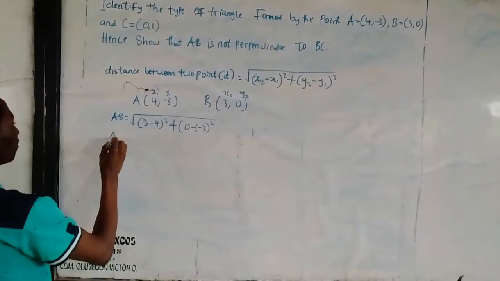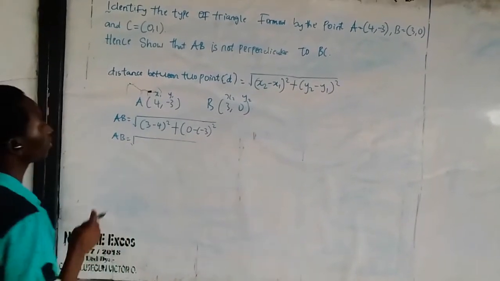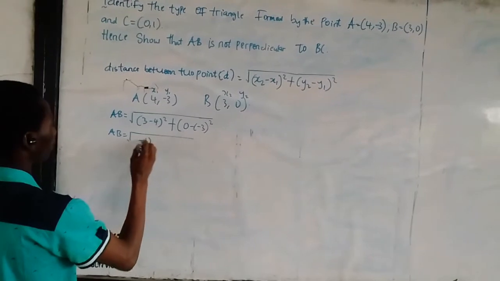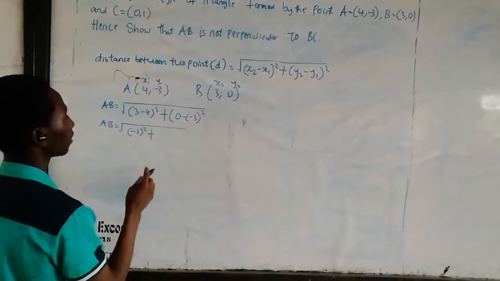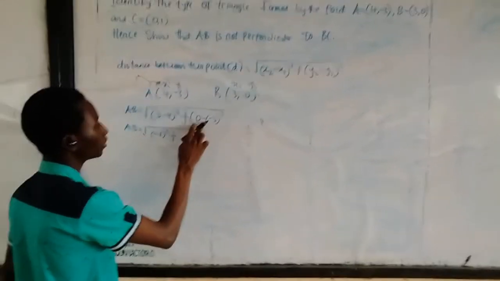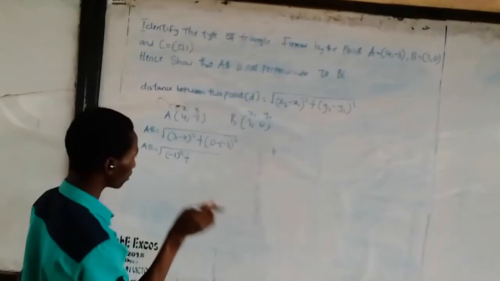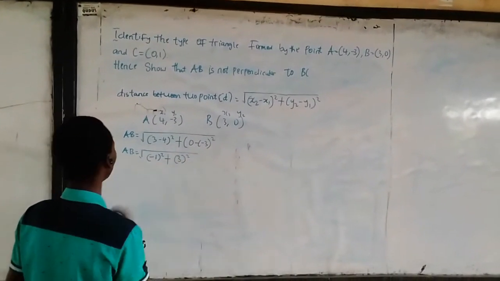So then we have AB is equal to the square root of (3 minus 4, that's minus 1) squared plus (0 minus times minus 3, so we have plus 3) squared. 0 plus 3 we have 3. Then you square it.